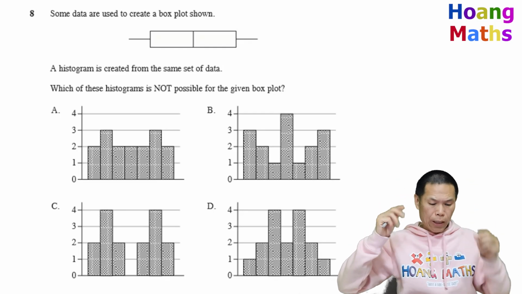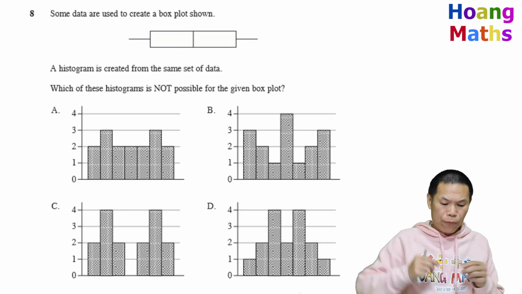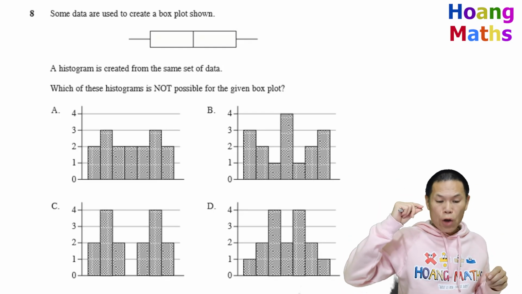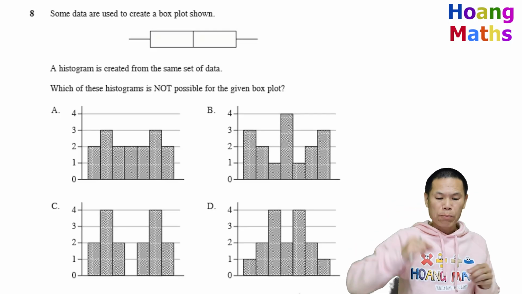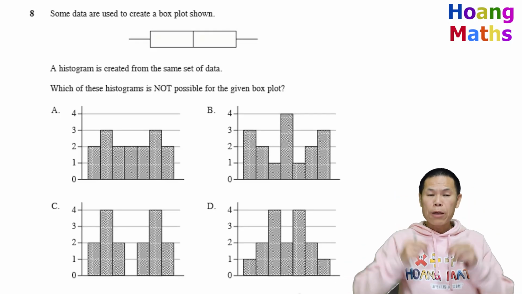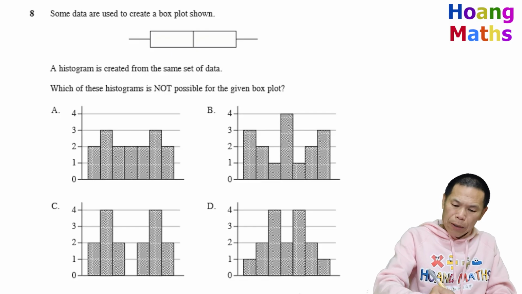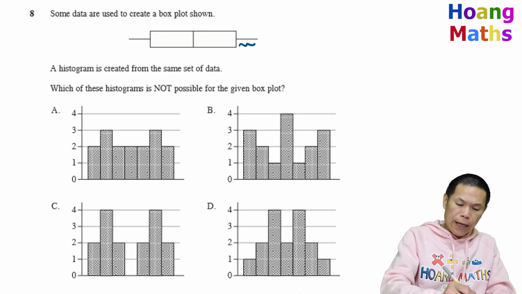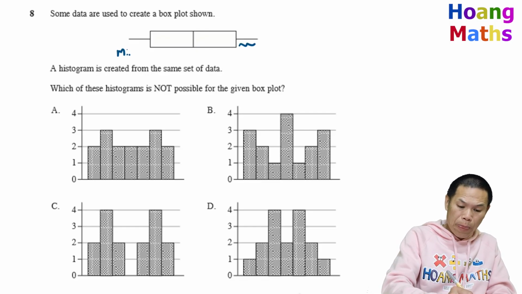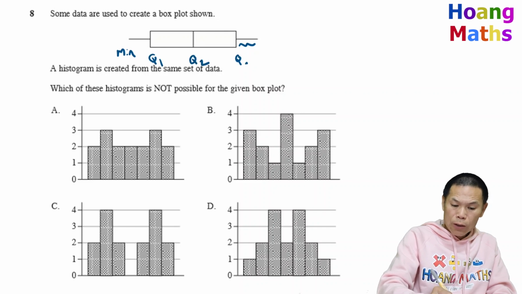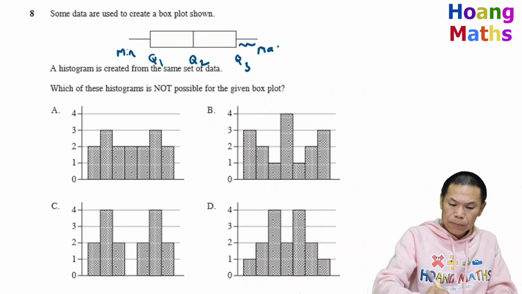Question number 8. We need to work out which of the histograms do not reflect the box plot. By looking at the box plot, we can see the gap here. Let me write this down. This is the minimum, Q1, Q2, Q3, and max.